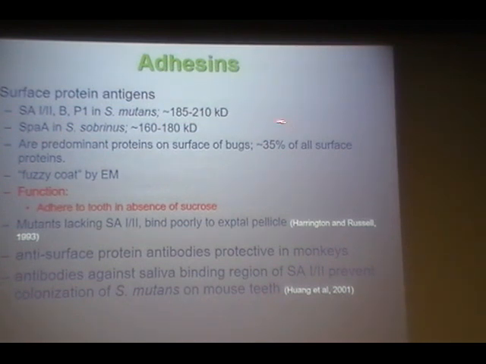A lot of it, as I said, 35% of all surface proteins are made up of these adhesins. They adhere to tooth in the absence of sucrose, but they adhere poorly. And I don't want to go into this, but obviously if they lack this, they're not going to bind well, not at all, to experimental pellicles. And the rest isn't all that important.